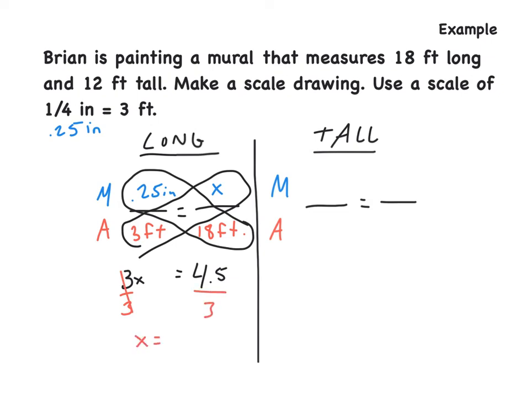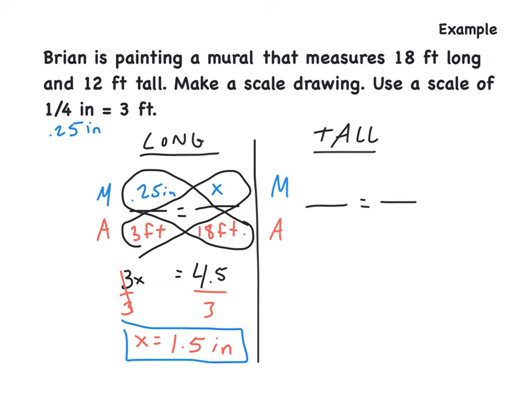So x is going to equal 1.5. Remember, we're dealing with inches, because the inches we're talking about the model. So this is inches. So x for this is going to be 1.5 inches.